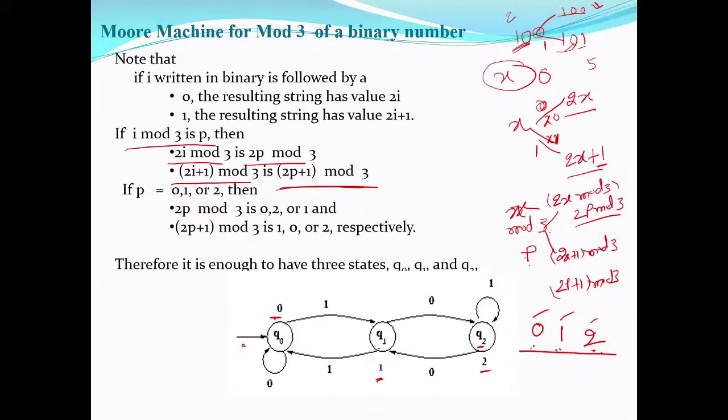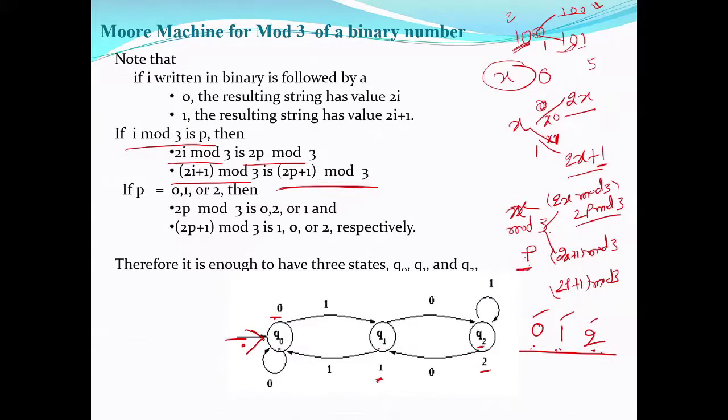Initially, when I begin, my number is null, that is 0. The number is null, so I will be in Q0. This is my starting state, because initially when no number is divided, you get 0 as remainder. Suppose 0 is added, one more 0. That is, earlier the number is 0 or its remainder is 0.